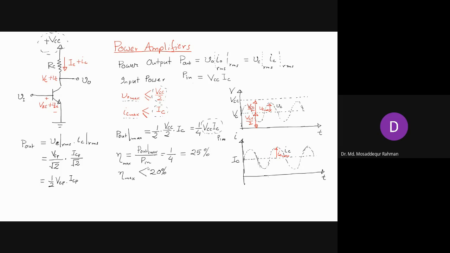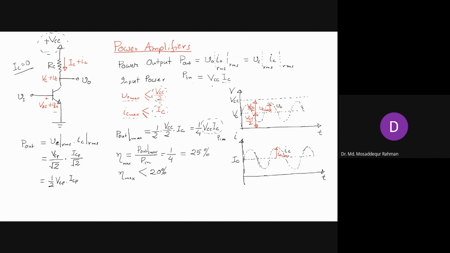Okay, so how do we solve this problem? Now, if you design an amplifier with IC 0, is it possible to design an amplifier with no bias current?